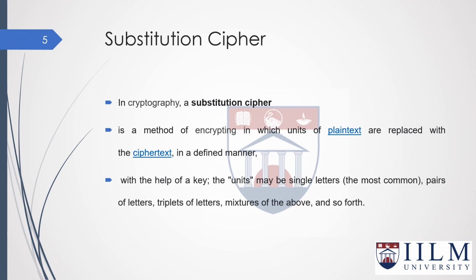So in the examples that we have already done, what is the defined manner? In that example, the defined manner is +3. We have defined our process of +3 to be counted on the position of the alphabet.